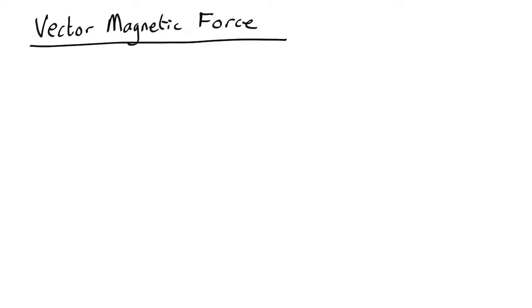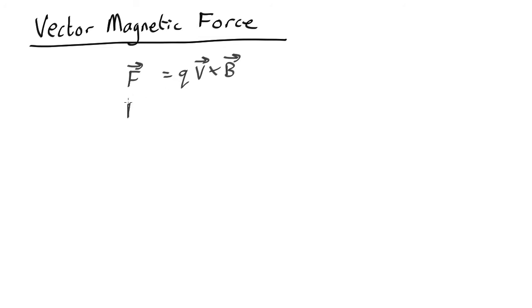Now let's look at the equations we need to work out the force due to a magnetic field. Now these are vector equations. The force is a direction. So for a moving charge, the equation is the force vector is equal to the charge times the velocity vector of that charged object times the magnetic field. If you're talking about a whole wire, it's basically the same thing.